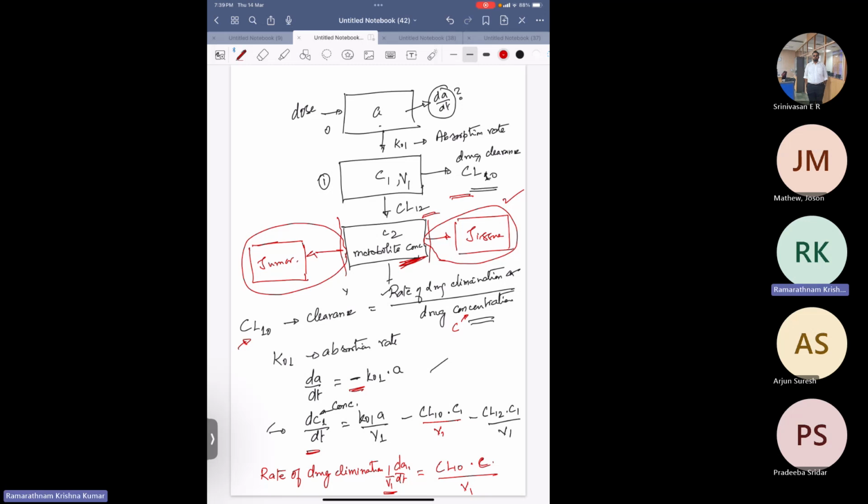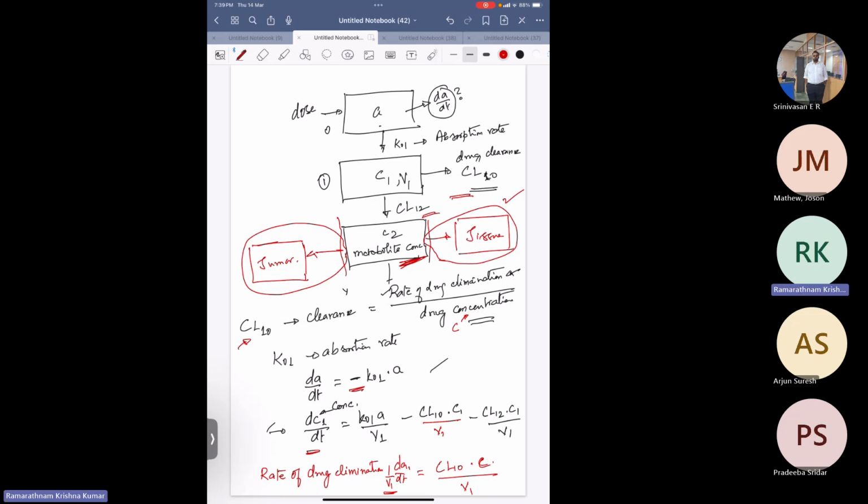So what are these 3 compartments? Let's just write down the 3 compartments. I know it may become complex, but I just want to show you the overall picture. I'm not going to solve them immediately now, but I want to show you the overall picture of how mathematics actually works.